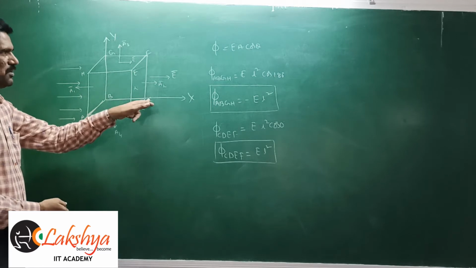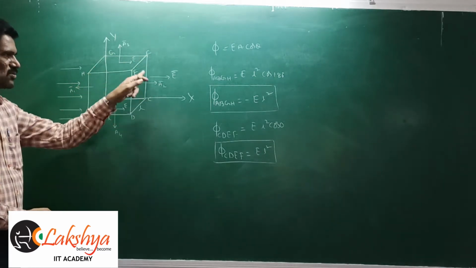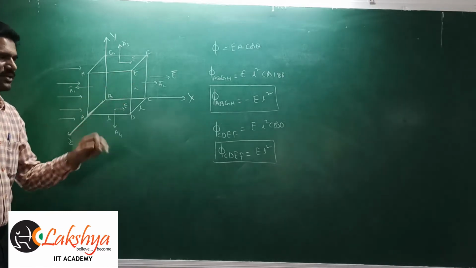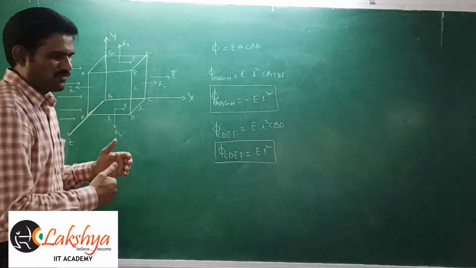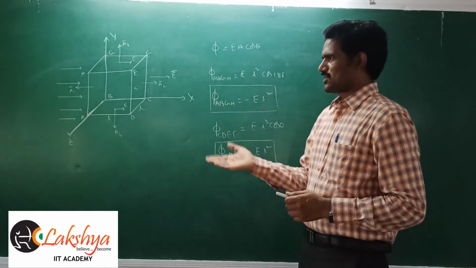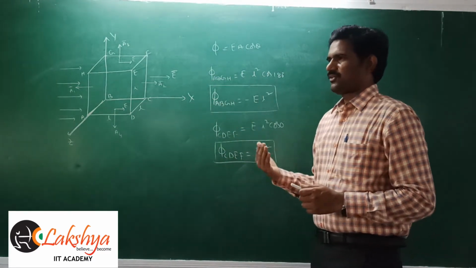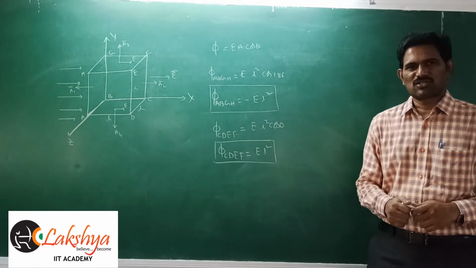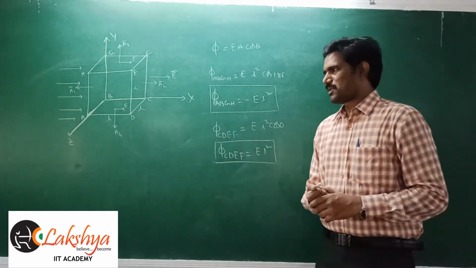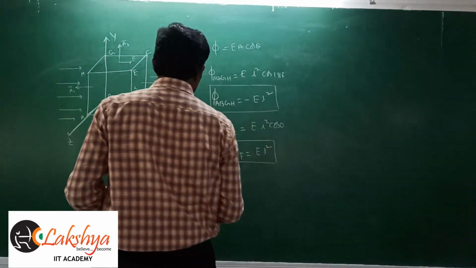For BCFG, the area is along the z direction and the field is along the x direction. So for all the remaining 4 faces, the electric field and area vectors are perpendicular to each other, and you can conclude that the flux passing through those faces will be 0.